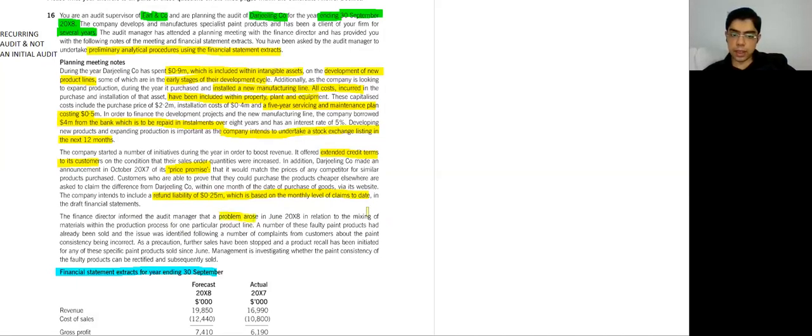A number of these faulty paint products had already been sold, and the issue was identified following a number of complaints from customers about the paint consistency being incorrect. As a precaution, further sales have been stopped. Product recall has been initiated since June. Management is investigating whether the paint consistency of the faulty products can be rectified and be subsequently sold.